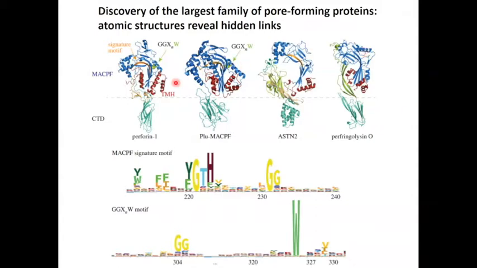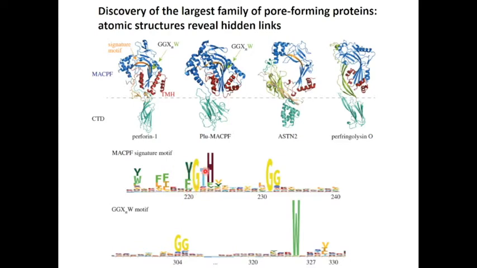We can see that perforin 1 and perforin lysine are in fact related to each other. And having discovered that, we can then look at how their sequences align, because we can align their structures, and then having aligned their structures, we can look at aligning their sequences, and then we can see where the sequences match. And what you can see is that there's very limited agreement. In fact, there are just two glycines, which some of you will know is the smallest amino acid.